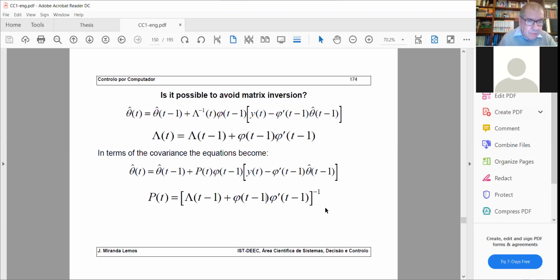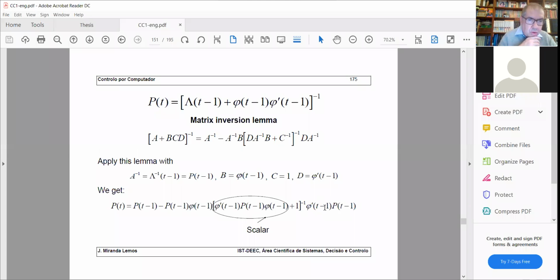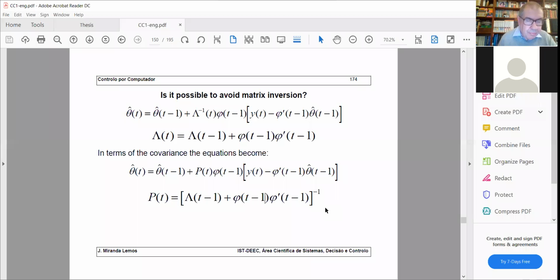So to do this, we need to get rid of this inverse. Now, we could say, okay, let's propagate the inverse of lambda instead of propagating lambda. Because if we propagate the inverse of the information matrix, then we don't have to invert it.